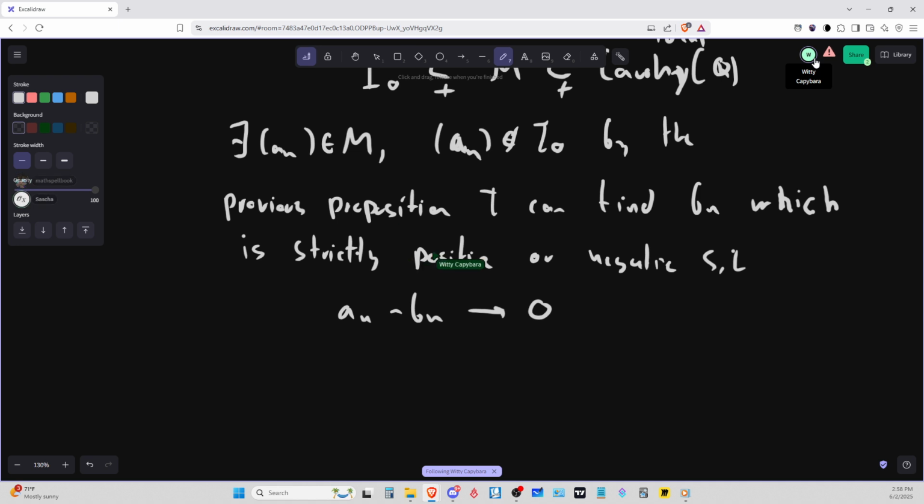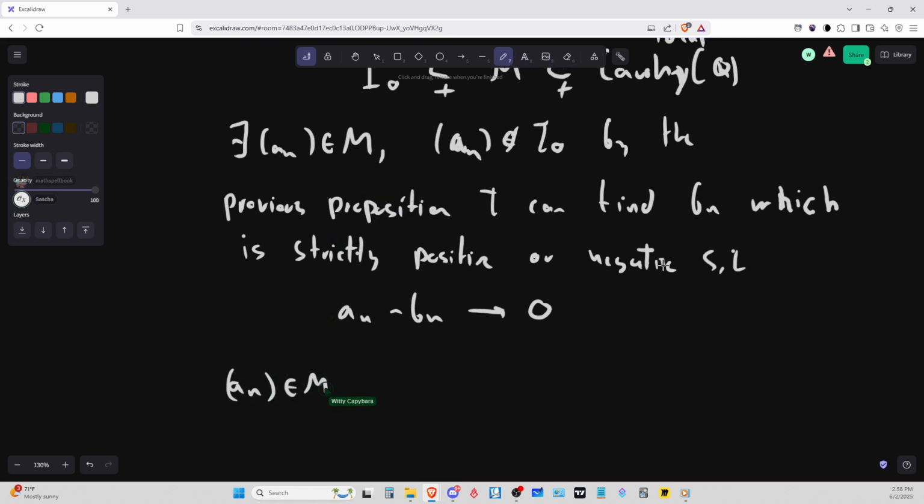So what does it imply? We know that an is inside of M, and we know that an minus bn is going to 0.